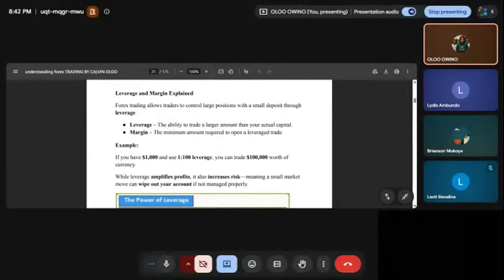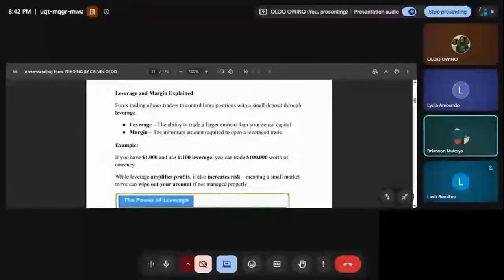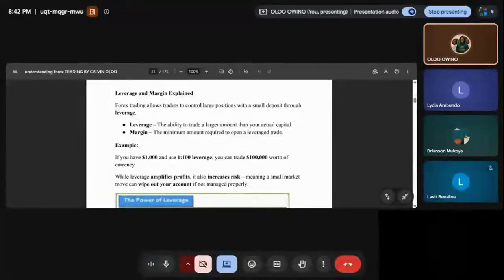Can you buy a full-grown cow with that? No. But now, if ten of you each have 10,000, how much are you going to have? Now, have you understood the concept of leverage? Beverly, have you got the concept of leverage?